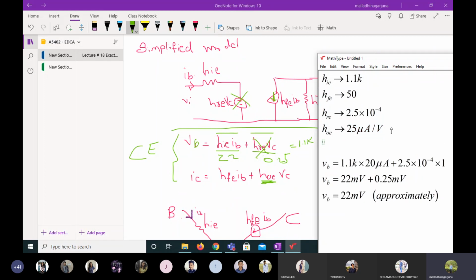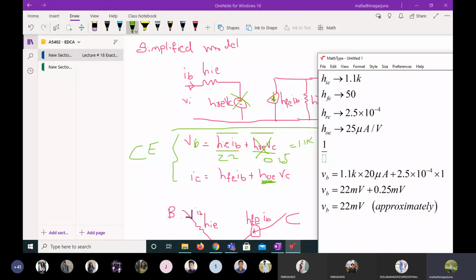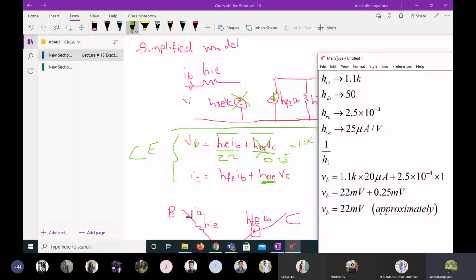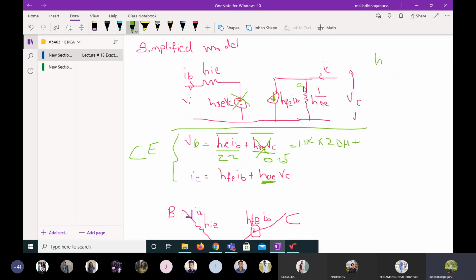So 1 by HOE is 1 by 25 micro, and you will get 40k. So here you are connecting a 40 kilo ohm resistor, which is parallel to the HFE into IB.